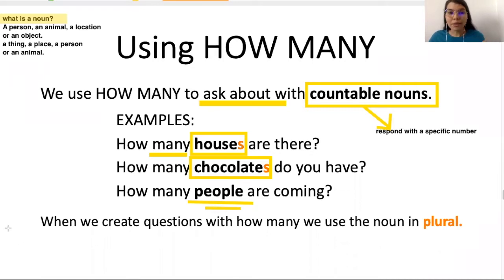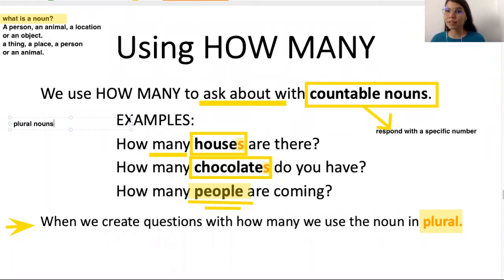Now, when we create questions with how many, we use the noun in plural. So notice how many houses, how many chocolates, how many people are coming. In our previous lesson, we looked at plural nouns.